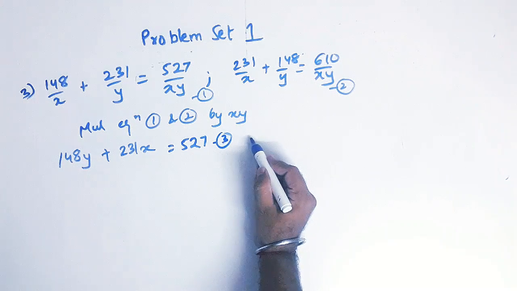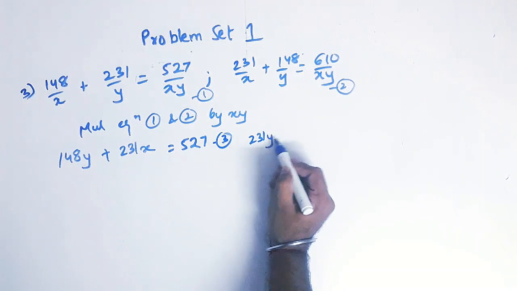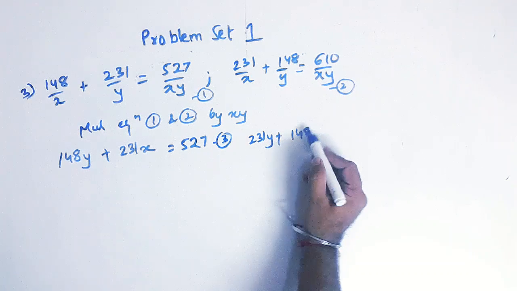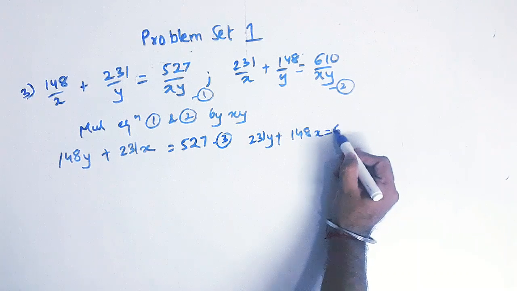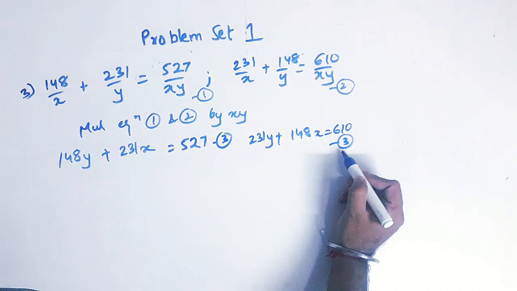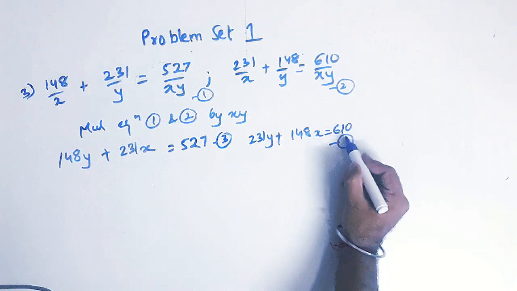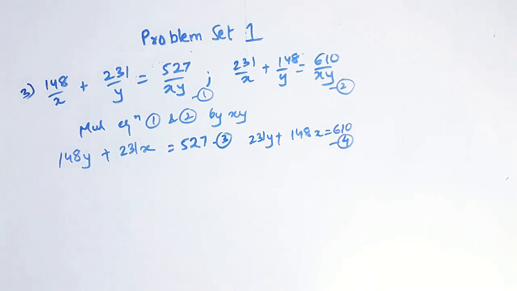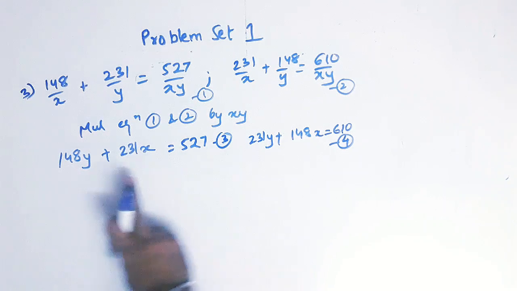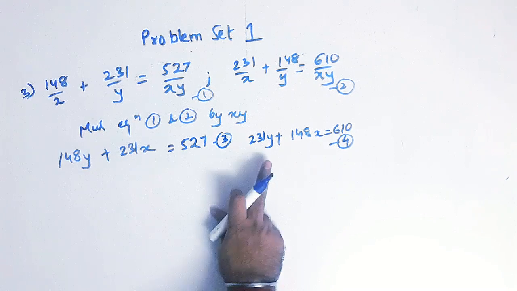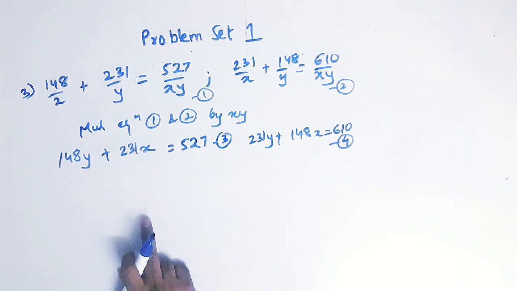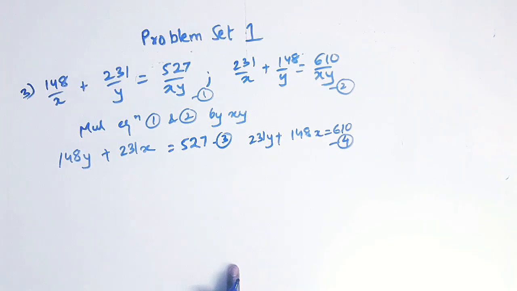and here 231y plus 148x equals to 610. This is your equation number 4. Okay, now if you observe here, the coefficients are interchanged. Okay, x is having the coefficient of y and y is having the coefficient of x.